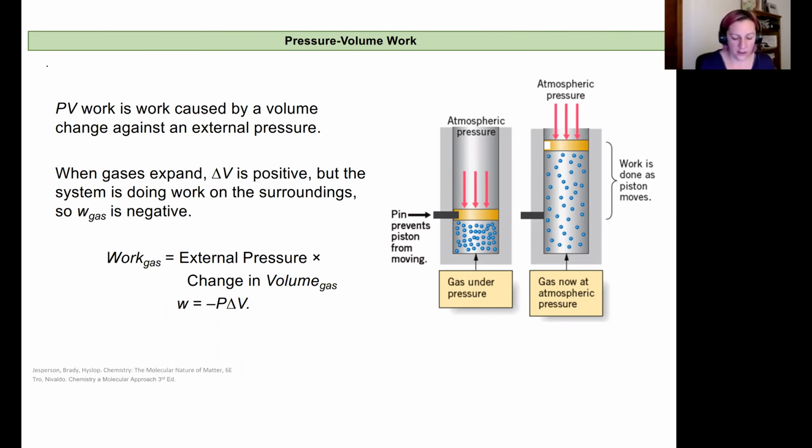Remember that work is equal to force times distance. Our pressure, which is something that we'll talk about in more detail when we talk about gases, is a physical property that we can track for gases.